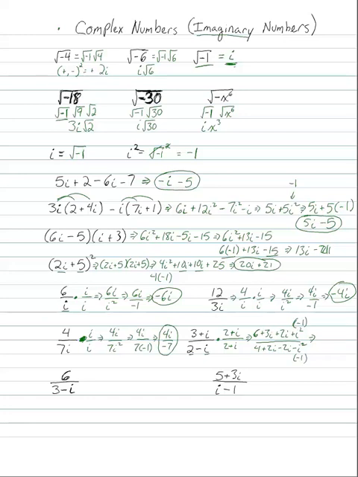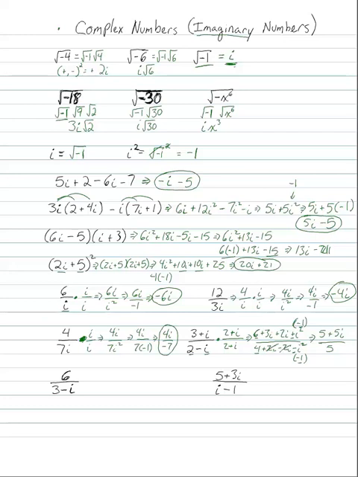On the top, I'm going to get 6 plus a -1, so 5. And then I have positive 3i plus 2i, so plus 5i. On the bottom, I'm going to get 4 minus a -1, so 5. And positive 2i minus 2i cancels.